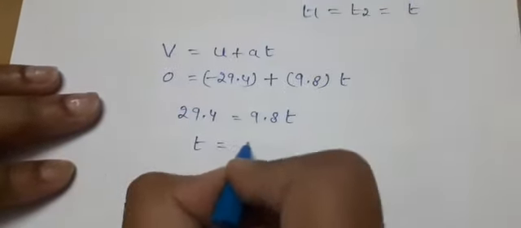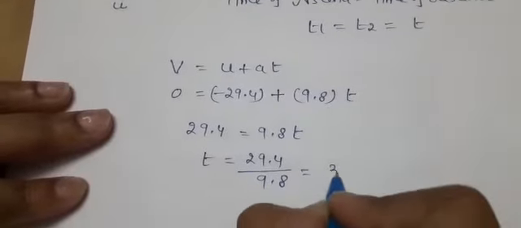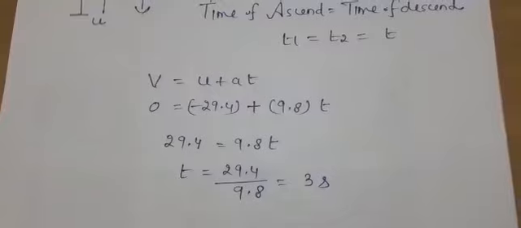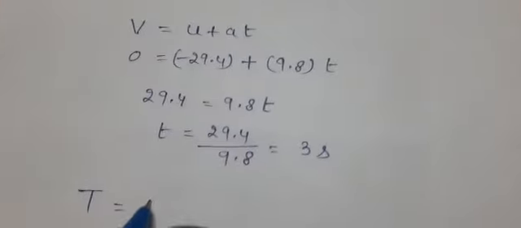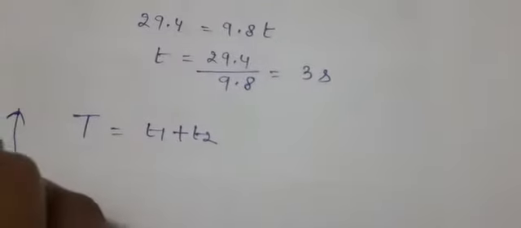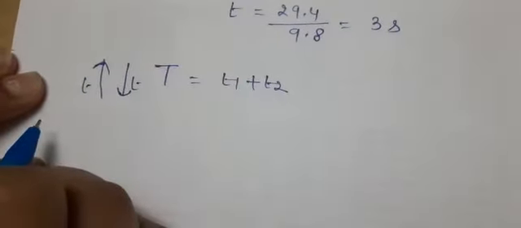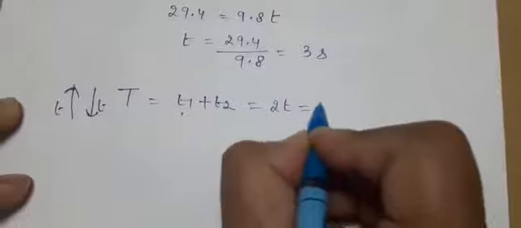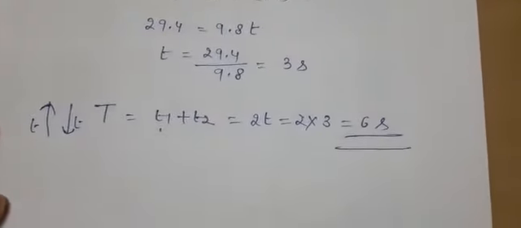So t comes out to be, if you divide it, 3 seconds. That means the time taken by the ball to go up to the highest point. So total time taken will be t1 plus t2. It means going up within time t and coming down within the same time, ignoring air resistance. Total time is t1 plus t2, it means 2t, that is 2 into 3, which is 6 seconds.